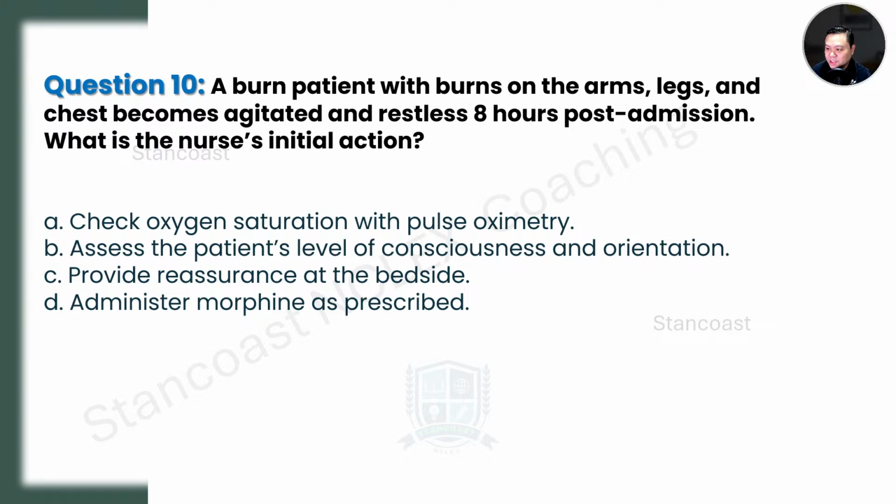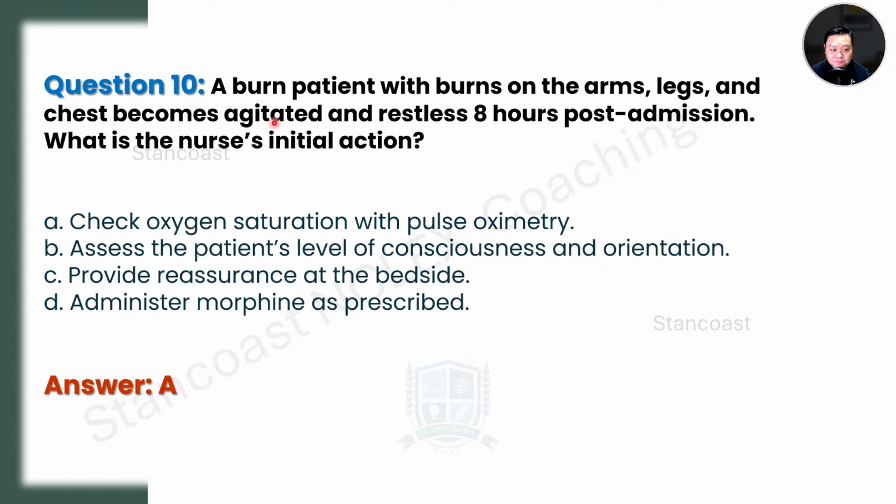Patient becomes agitated and restless 8 hours post-admission. Your initial action this time should be to select letter A, because the agitation and restlessness this patient is manifesting indicate that there is hypoxia. Take note of the location of the burns: the arms, legs, and chest.